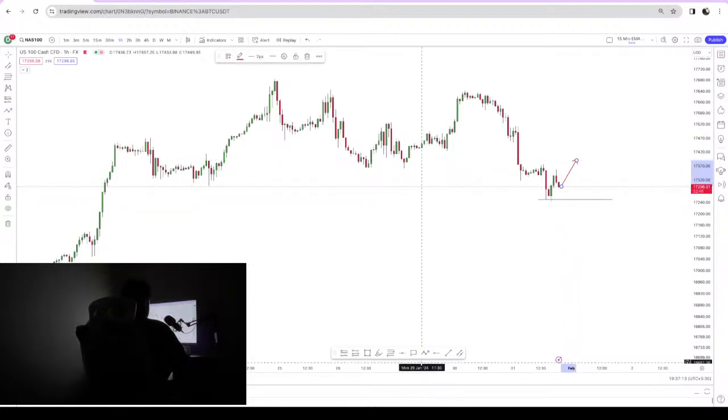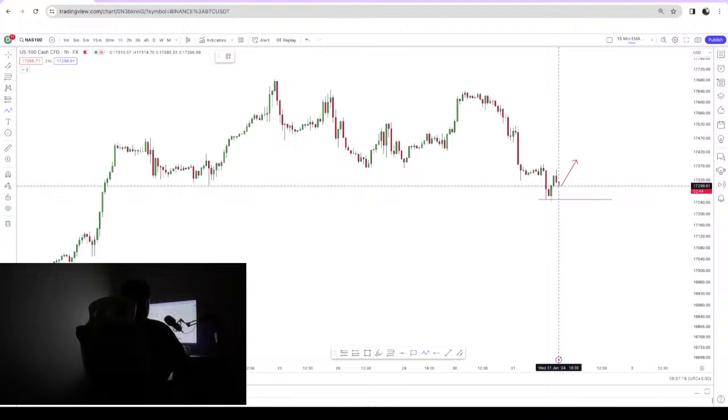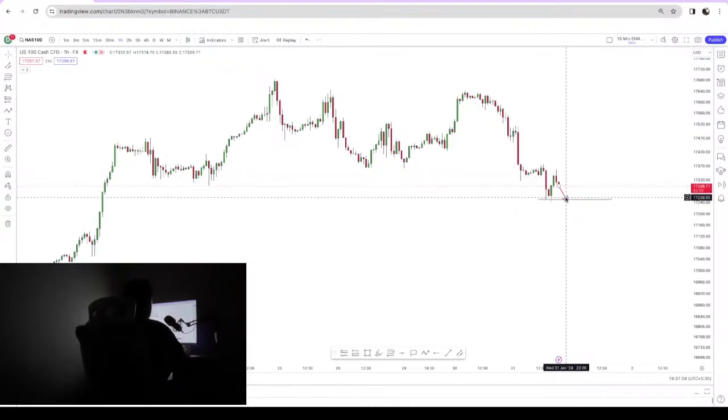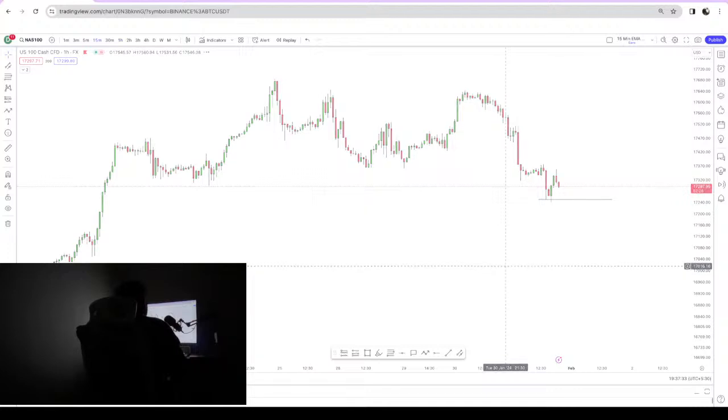It'll for sure come to this level once. Maybe it'll rise, but a general perception says that it'll touch this level once if it has to reach again to form a double bottom or anything. So for today, our bias is kind of bearish.